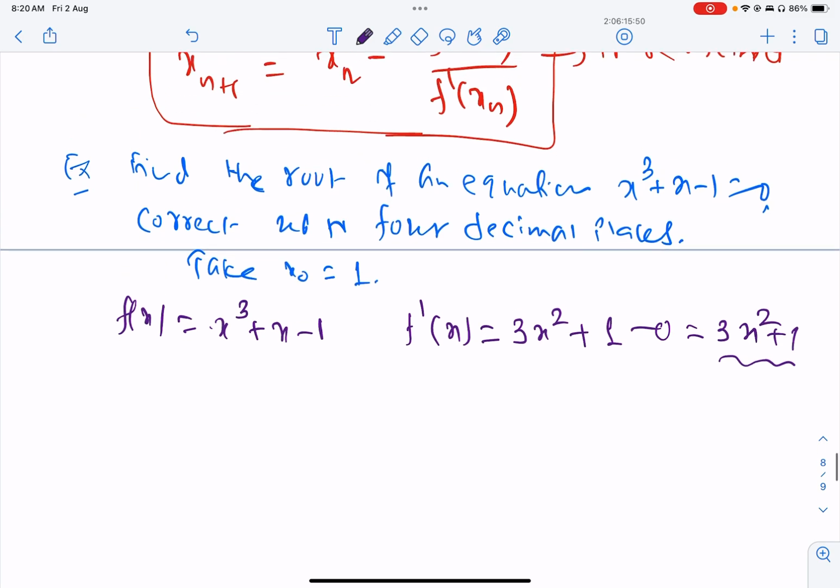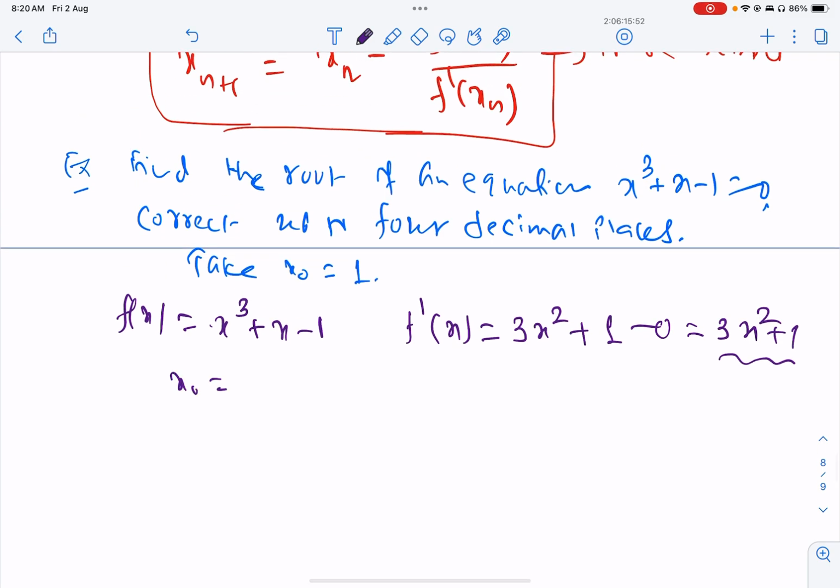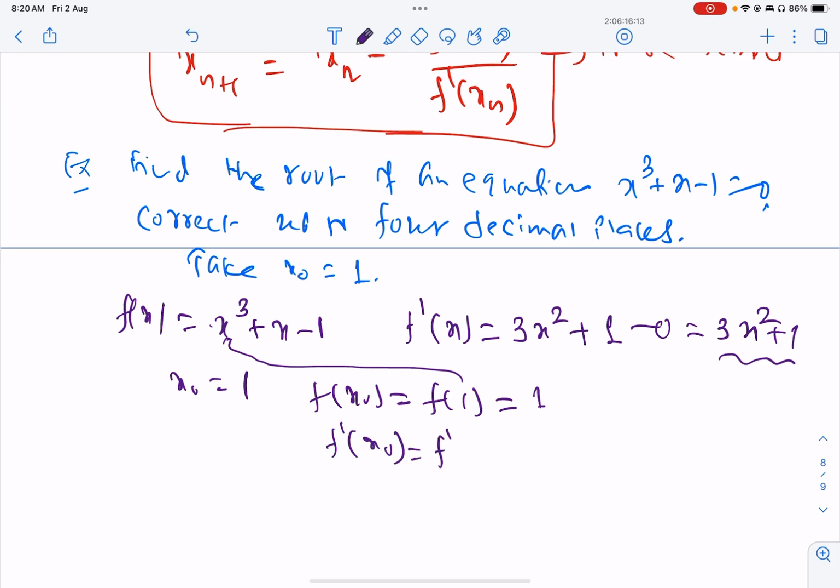Now we need x0 equal to 1. So we need f of x0, that is f of 1. Keep 1 here. So we'll get 1 plus 1 minus 1. So that is 1. Then f dash x0, that is f dash 1. So keep 1 in f dash.